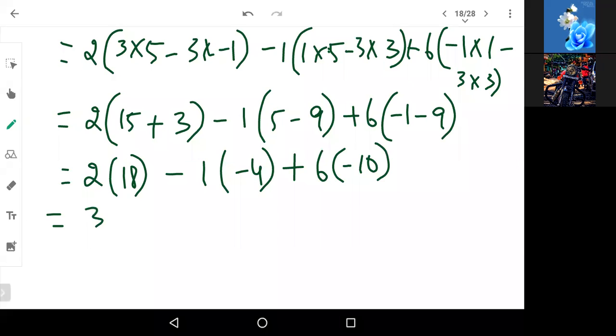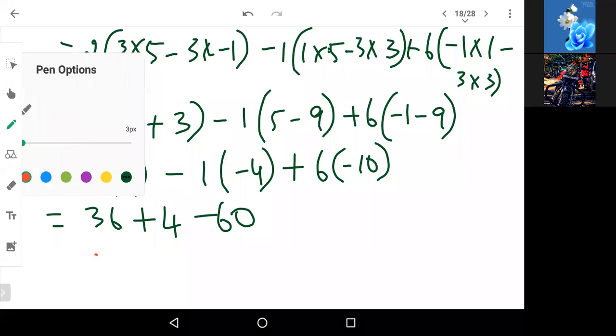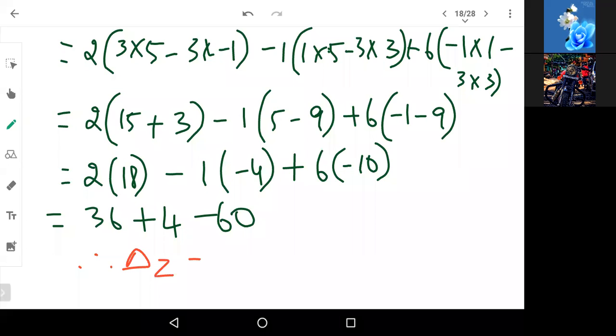So 36 plus 4 minus 60. Therefore, delta z is equal to −20. x is equal to 2, y is equal to 1, z is equal to −1. Very good. Correct answer. Everybody has given the correct answer.